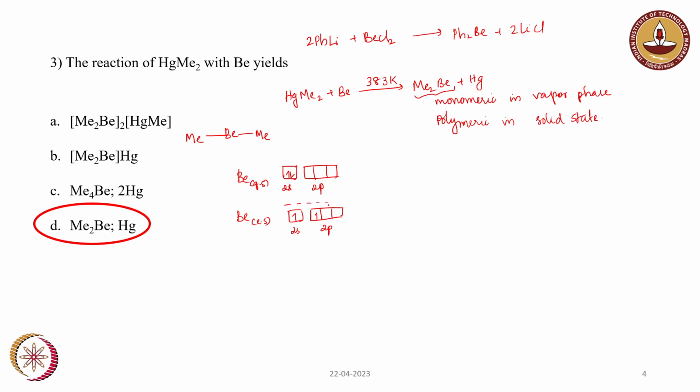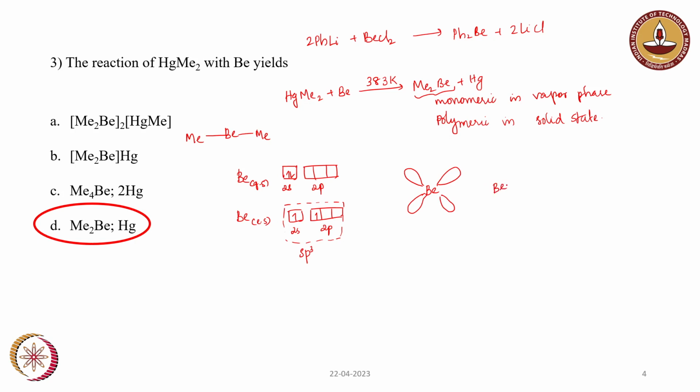So the hybridization is sp3, and two vacant sp3 hybrid orbitals are present. So a total of 4 sp3 hybrid orbitals will be present on each beryllium.